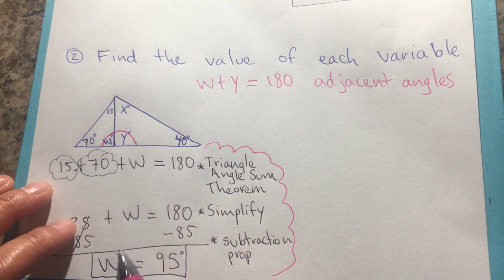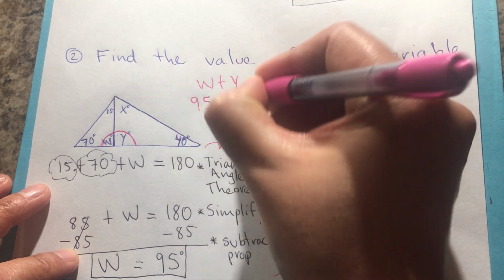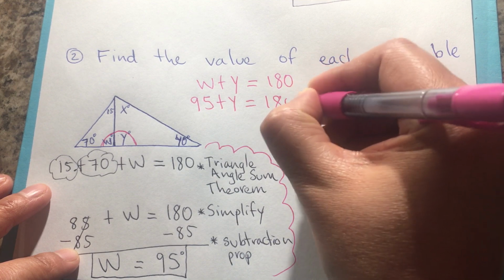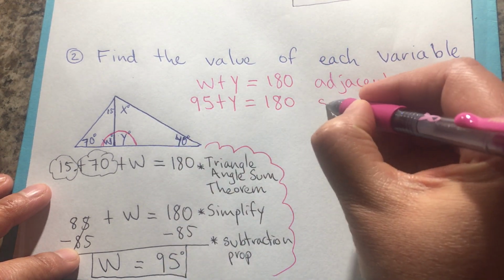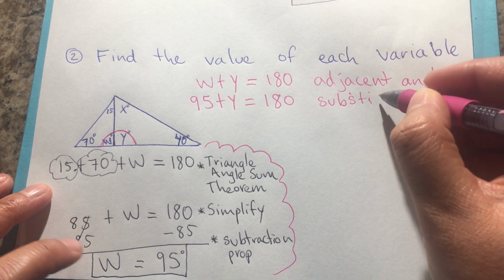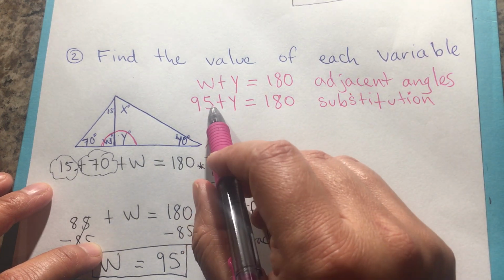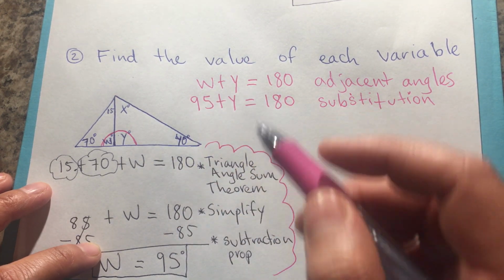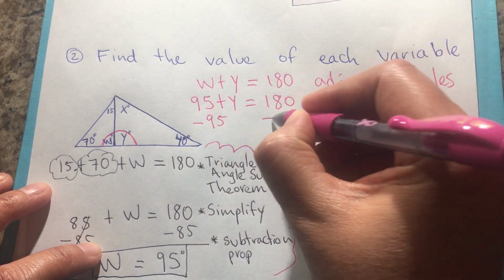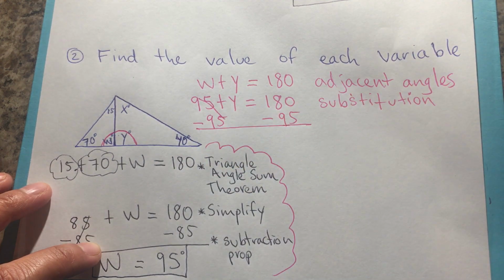Then we know already that W is 95 degrees plus Y is equal to 180. This is just substitution, meaning that we're going to get the value of W and substitute that value in there. The next step is to eliminate or cancel by subtracting.